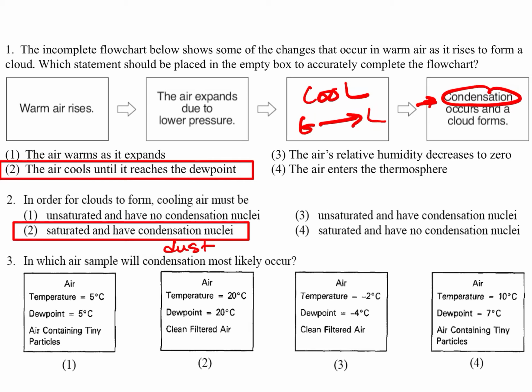Which one is going to have the air temperature closest to the dew point, and it must have those condensation nuclei, and that would be 1. Even though choice 2 had the same temperature, they didn't have the nuclei there to form. All right, so that's that.